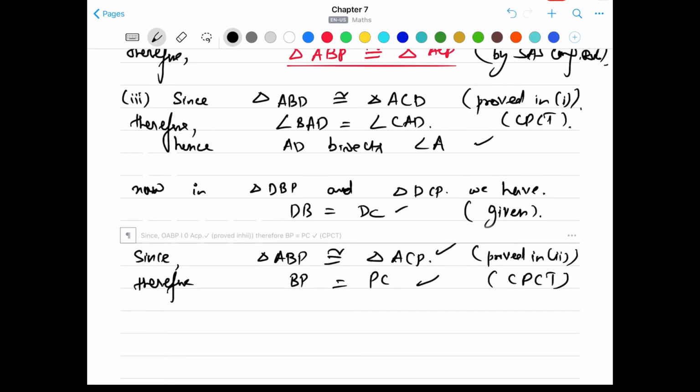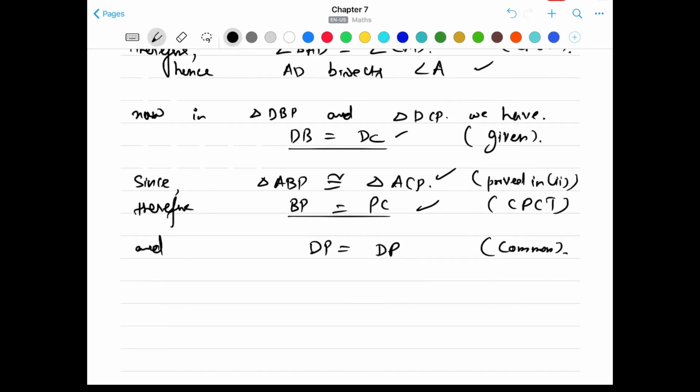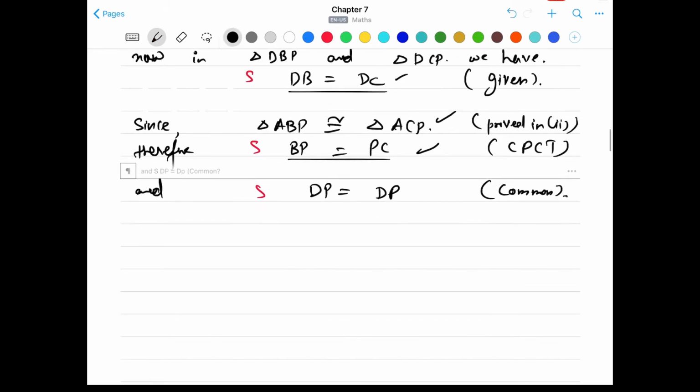So we got another side. First side we got DB equals to DC, then we got BP equals to PC. Now DP is common for both triangles, so DP is equal to DP. So what we got here is side and side. So by the RHS congruence rule, these two triangles will be congruent.